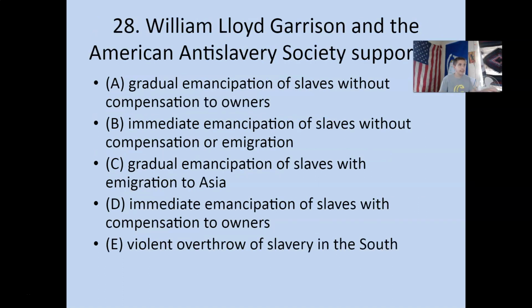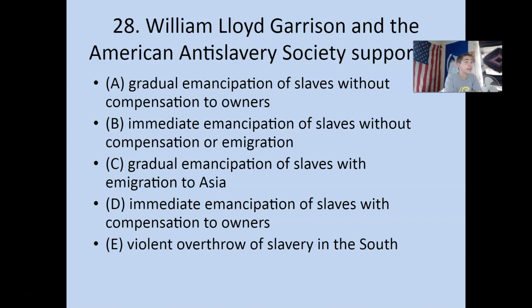Number 28. William Lloyd Garrison and the American Anti-Slavery Society supported A. Gradual emancipation of slaves without compensation to owners. B. Immediate emancipation of slaves without compensation or immigration.